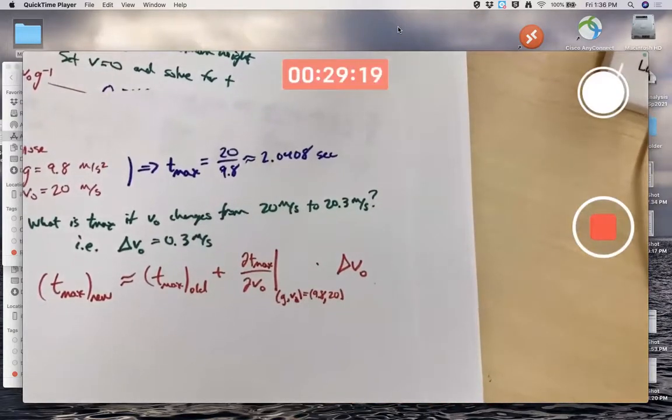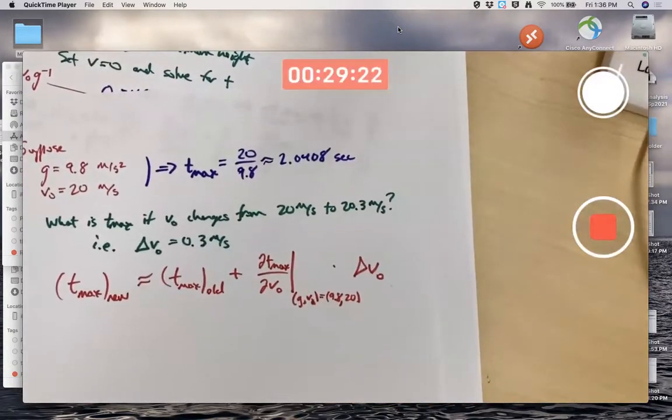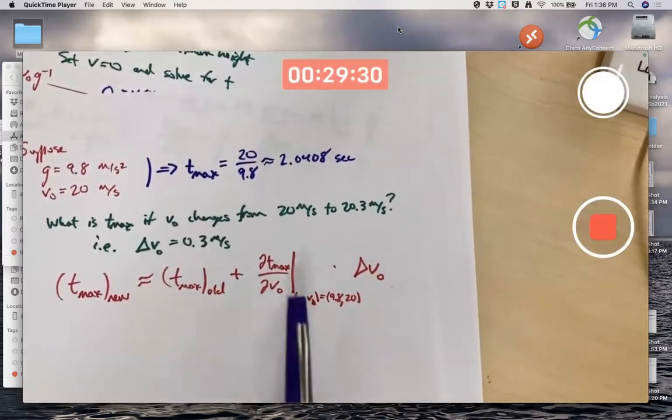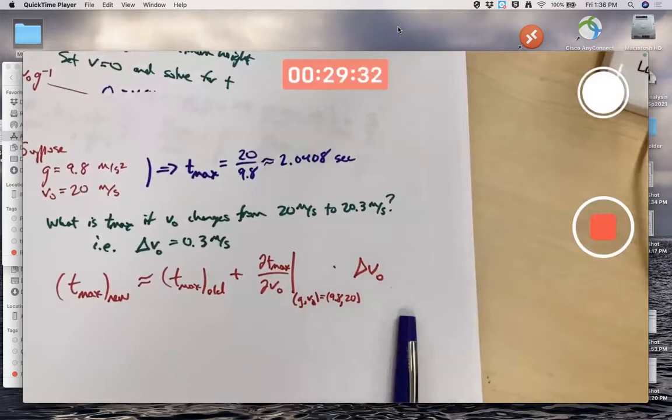Now that's a very complicated looking equation, but conceptually it's no different than what we've been doing. Take the initial value, add on the approximate change that comes from taking the rate of change times the change in the independent variable. And here again, I'm thinking of V0 as being the independent variable.